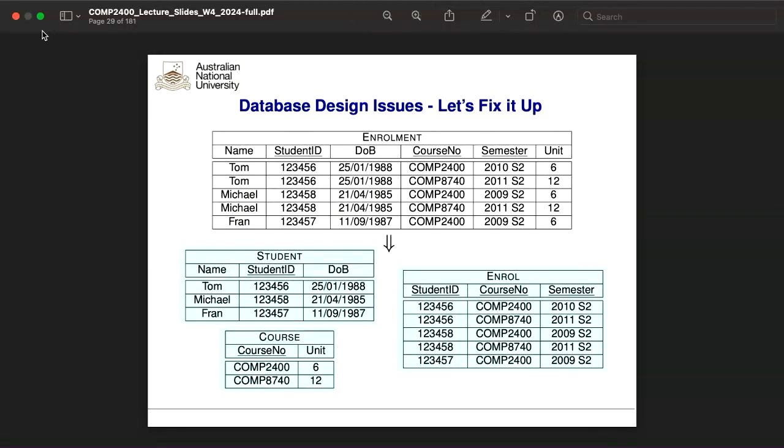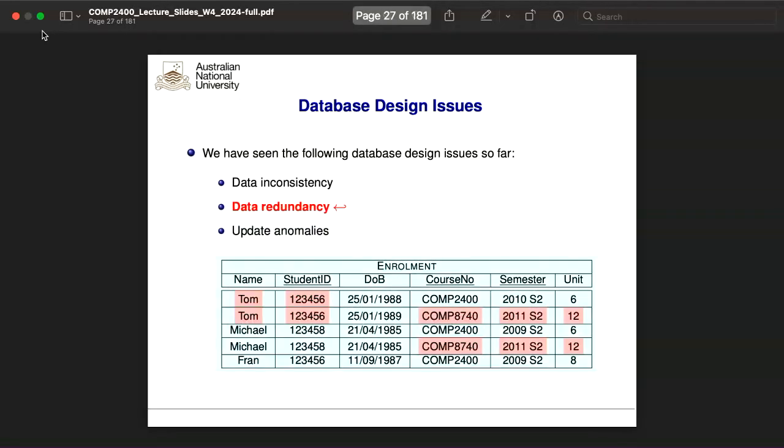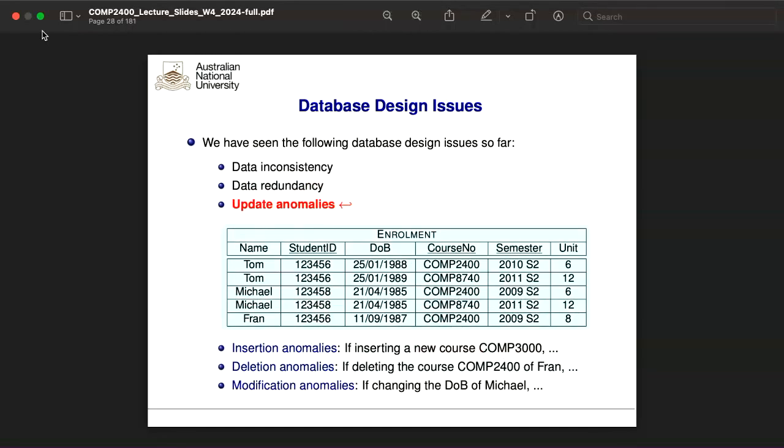The last type of database design issue is update anomalies. We can see here, suppose we have this table. If we only want to insert a new course into this table, into the database, but we don't know which student has enrolled in this course yet, we just want to add the information about the course only.